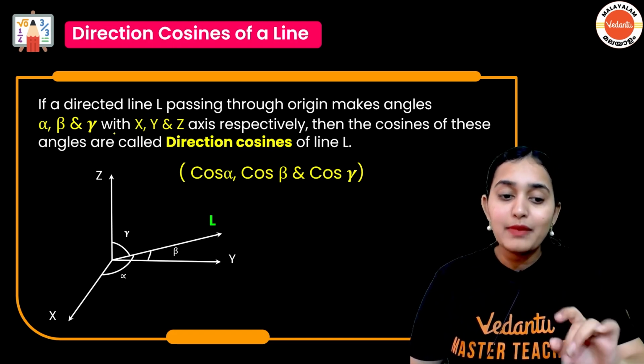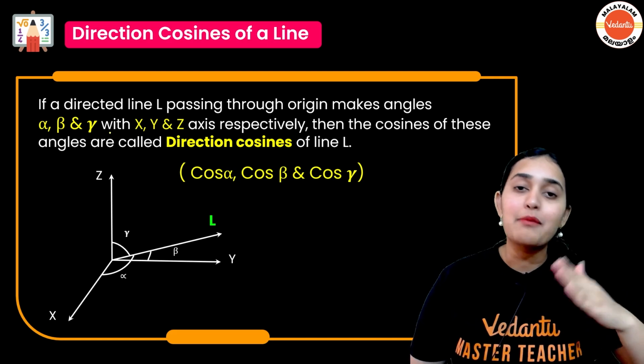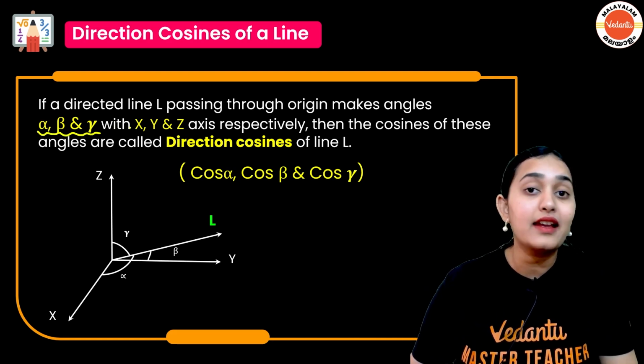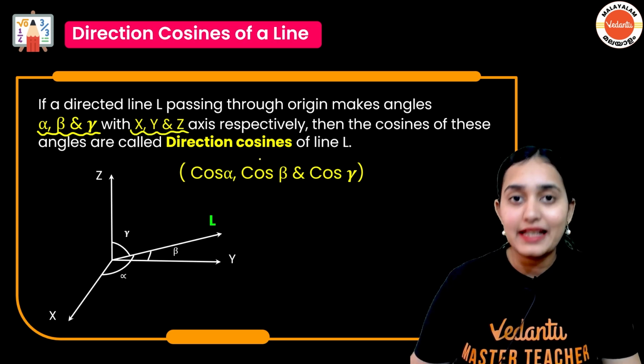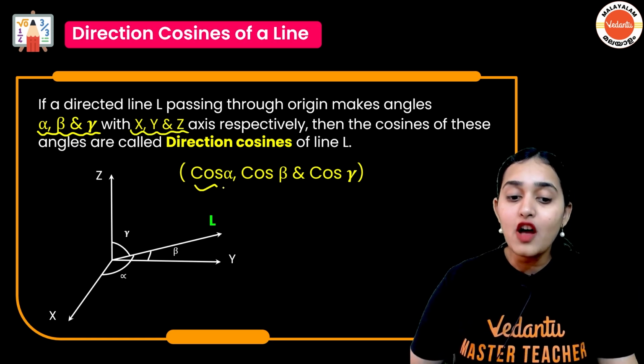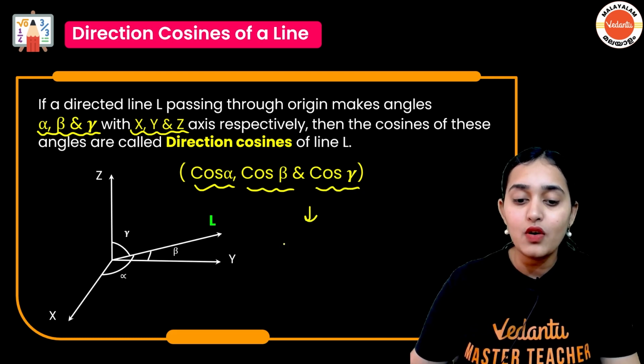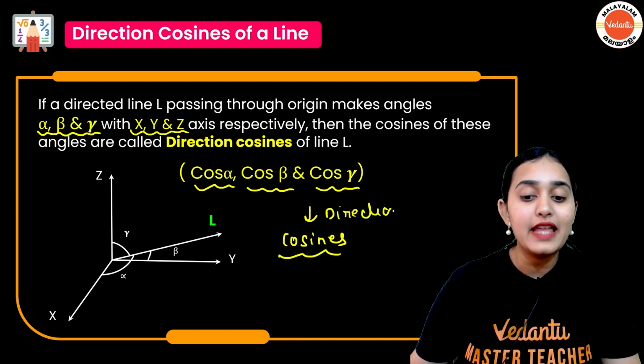The line will make some angle with the 3 axes. Suppose it is making angle alpha, angle beta, angle gamma with the x, y and z axes. So the cos of angle alpha, cos of angle beta and cos of angle gamma are called the direction cosines of that line.